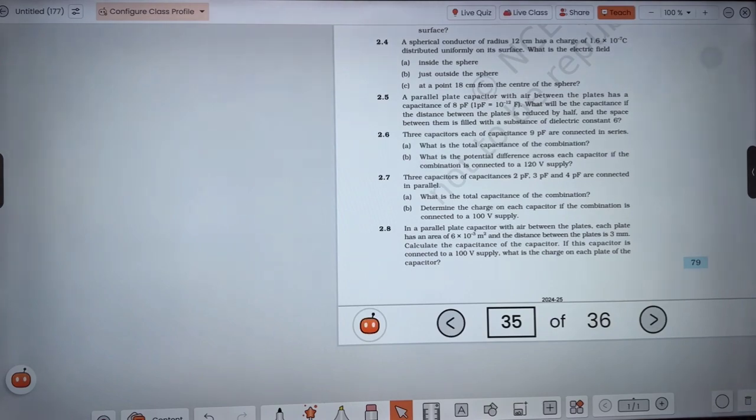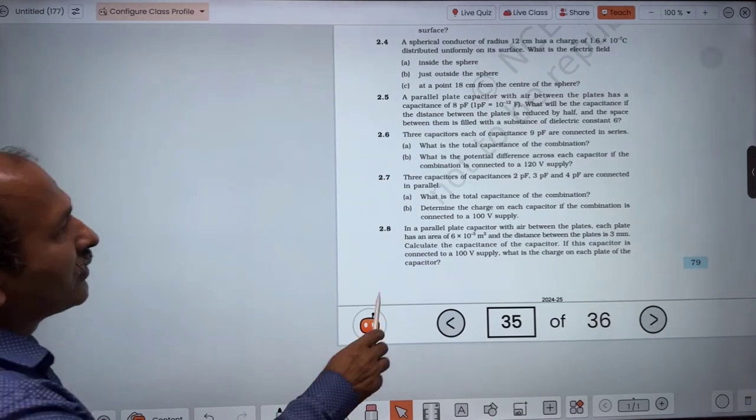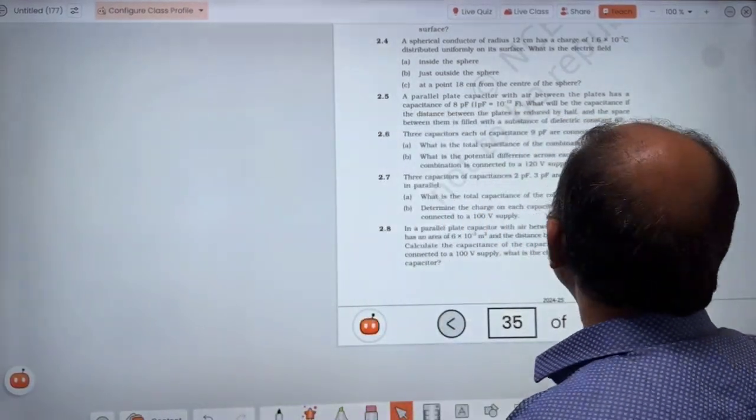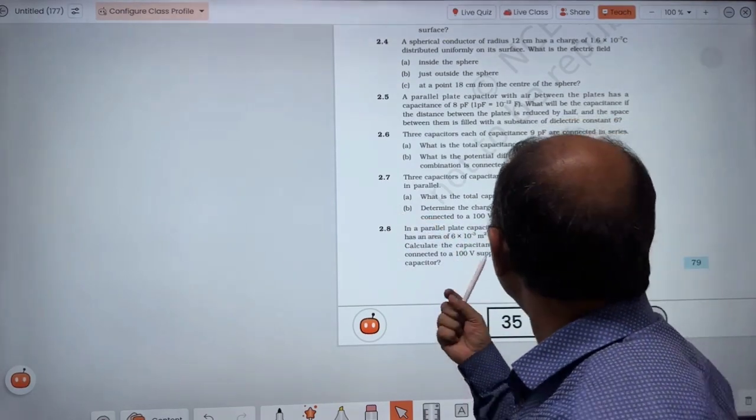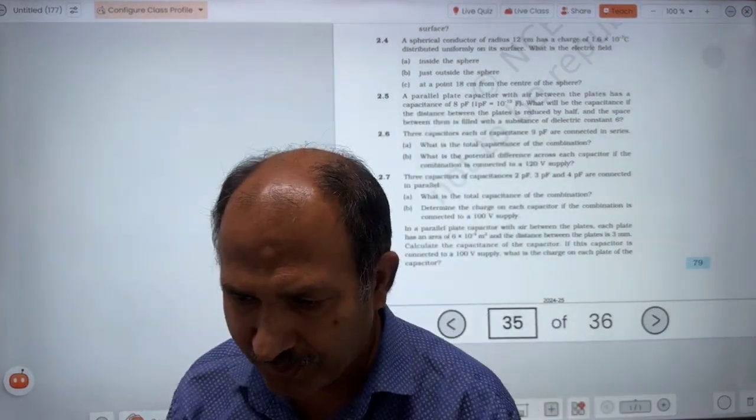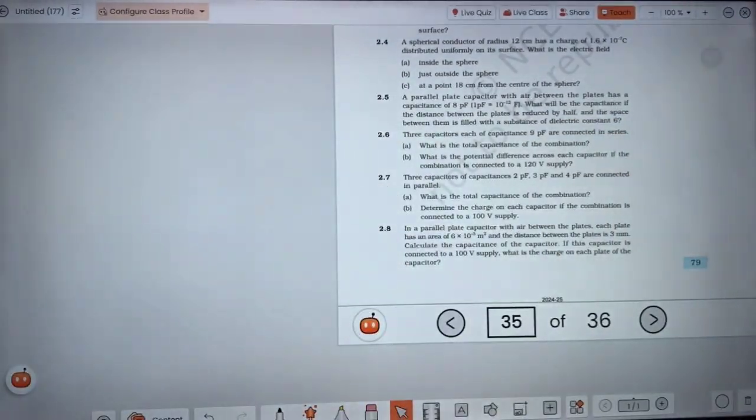So the next question is, in a parallel plate capacitor with air between the plates, each plate has an area of 6 into 10 power minus 3 meter square and the distance between the plates is 3 mm. Calculate the capacitance of the capacitor if the capacitor is connected to a 100 volt supply, and what is the charge on each plate of the capacitor.